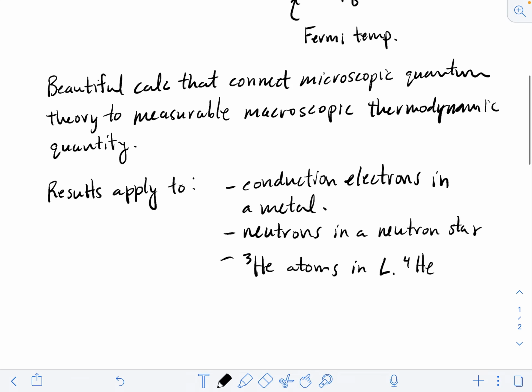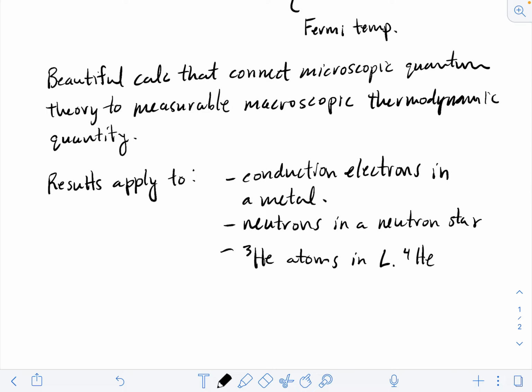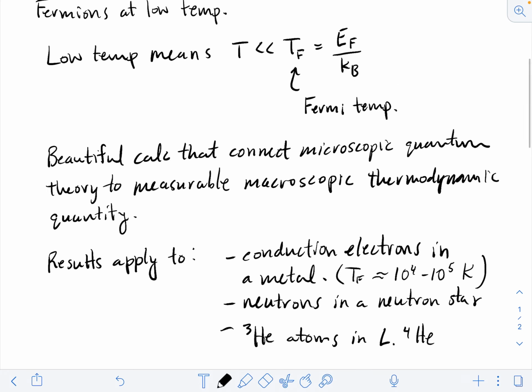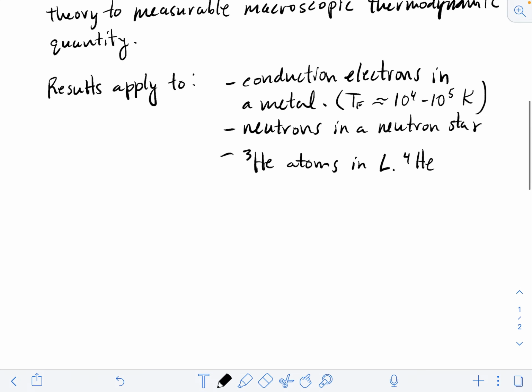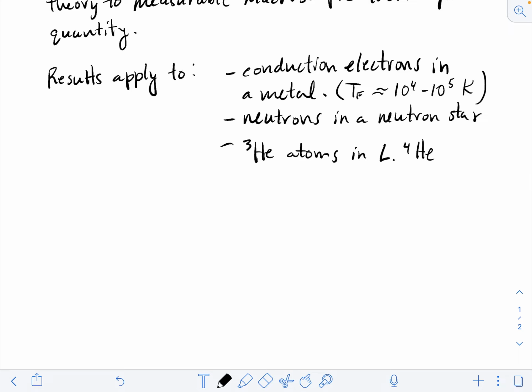One thing that's interesting to note is that for conduction electrons in a metal, the Fermi temperature is around 10 to the 4 or 10 to the 5 Kelvin. And so in this case, the low temperature limit, T much less than the Fermi temperature, really corresponds to room temperature. So although we're thinking about the low temperature behavior of systems, we can apply it to the conduction electrons in a metal at room temperature.